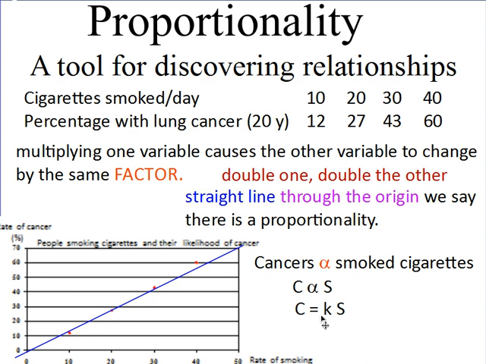This is indeed the equation of a straight line with a y-intercept of 0, that is passing through the origin, and a slope of k. So I think you can see that if doubling this means that s doubles, then it should be graphed as a straight line passing through the origin.